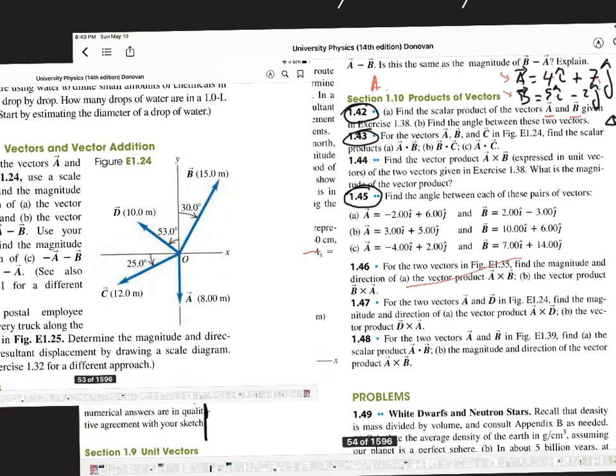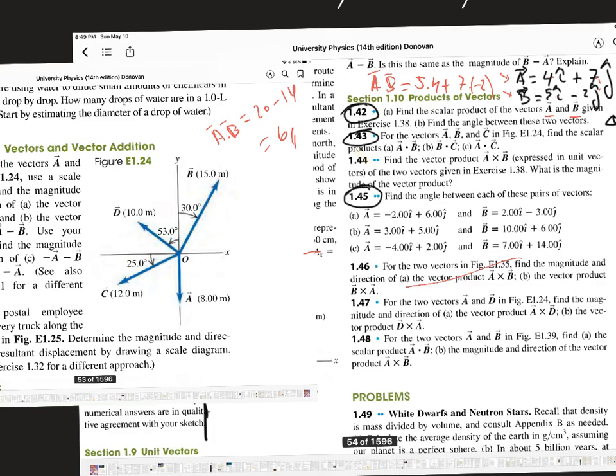So A scalar B will be 5 by 2 plus 7 by minus 2. This will be 20 minus 14. So A scalar B will be 6. So it's done.